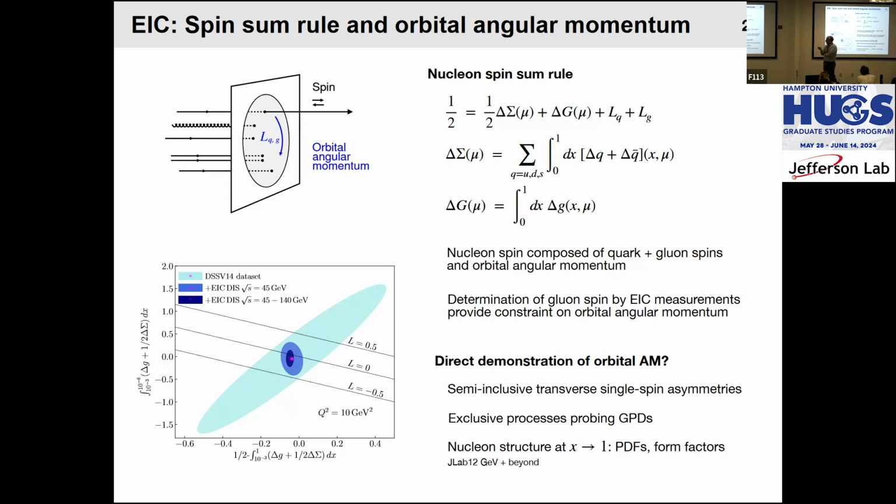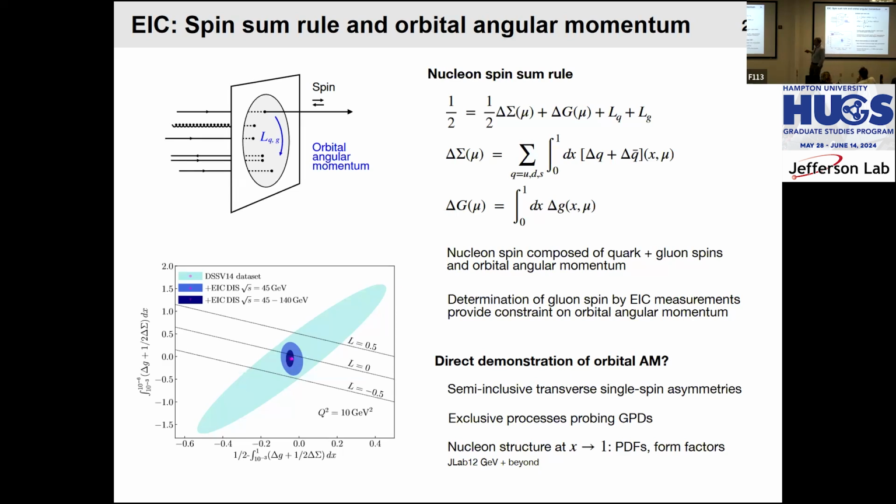So, this spin sum rule has been discussed endlessly, almost too much, but it is a very important aspect of nucleon structure. And in particular, a determination of the gluon spin through EIC measurements would provide some constraint on the total amount of orbital angular momentum in the nucleon. And this is summarized in this figure here.